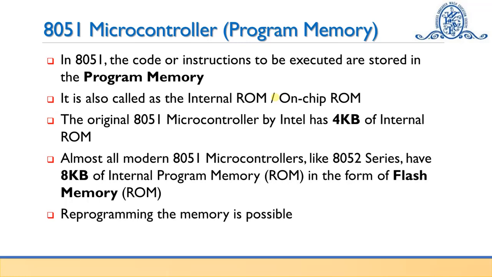The original 8051 microcontroller by Intel has 4 kilobytes of this internal ROM, and almost all modern 8051 microcontrollers like the 8052 series have 8 kilobytes of internal program memory in the form of flash memory, so it can be reprogrammable. So reprogramming of this memory is possible, and as the program memory and data memory are separate in case of this microcontroller, we say that it follows the Harvard architecture.